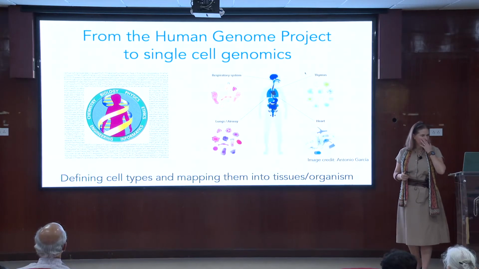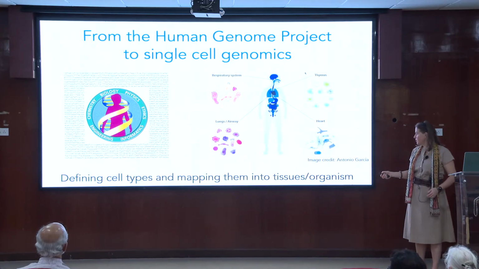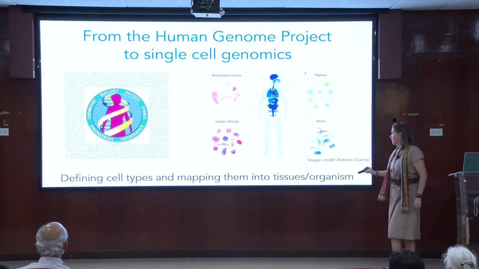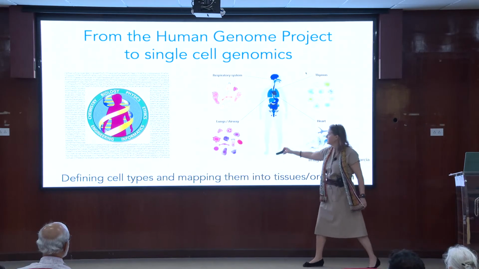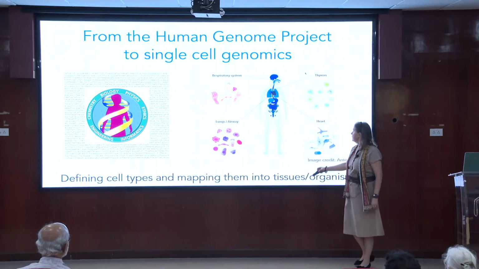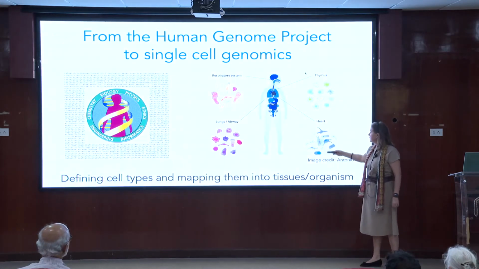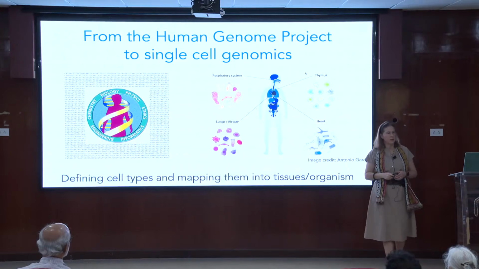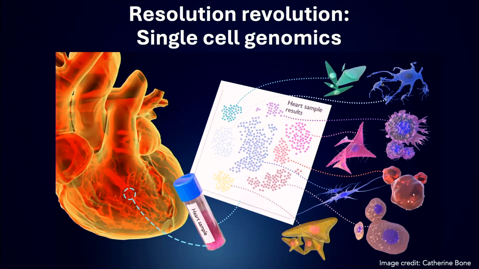And so that basically allows us to then determine in a given tissue where we have a heterogeneous subset of cells in the upper versus lower respiratory system, the heart, thymus, brain, etc., in an unbiased way, what are the components of the genes in a tissue. And single-cell genomics is such a revolution because it allows us to resolve in an unbiased way the different cells within a tissue.